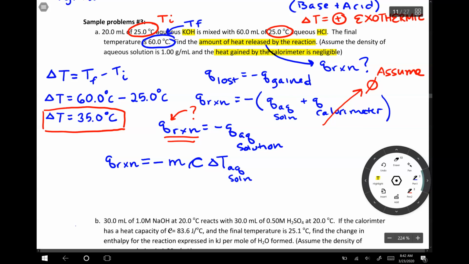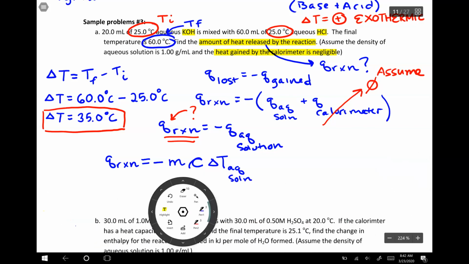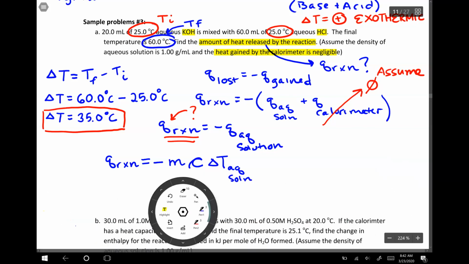The aqueous solution is increasing temperature to 35.0 degrees Celsius. In terms of mass, let me work on that next here. So for the mass of my aqueous solution, I'm going back to the problem here.